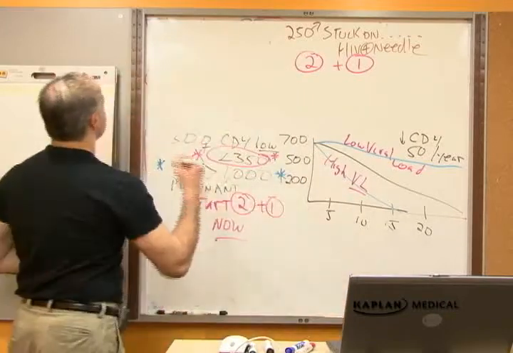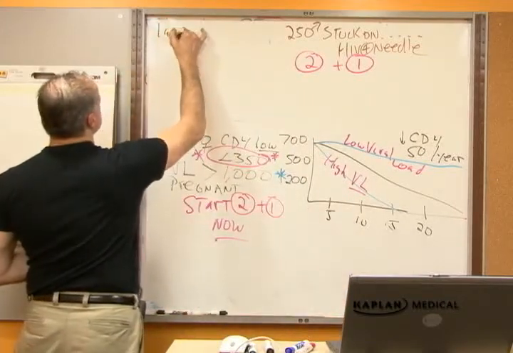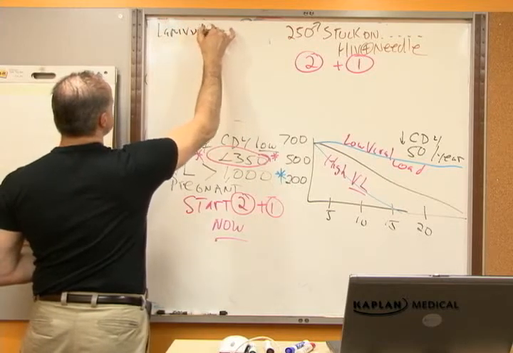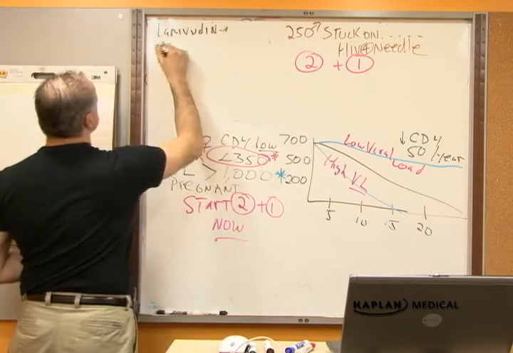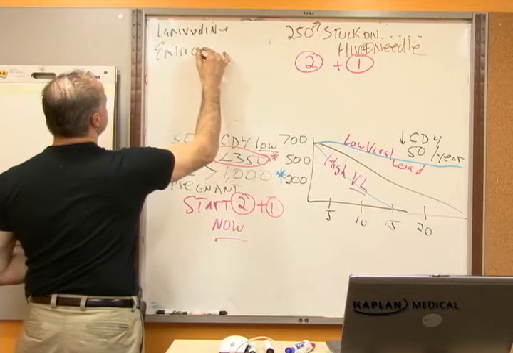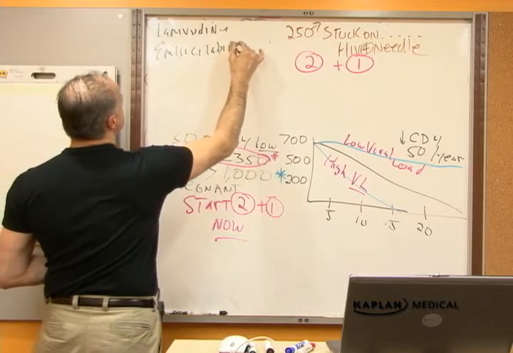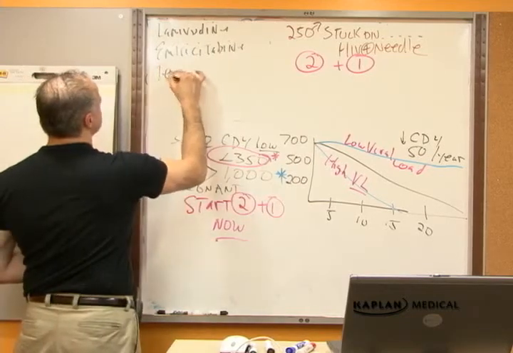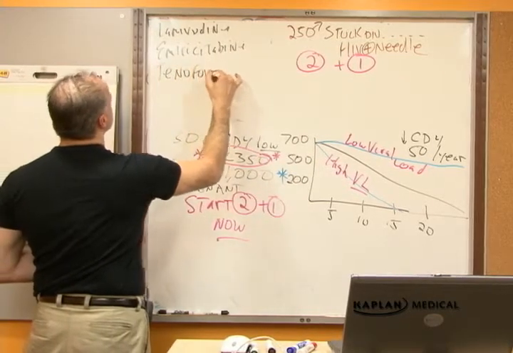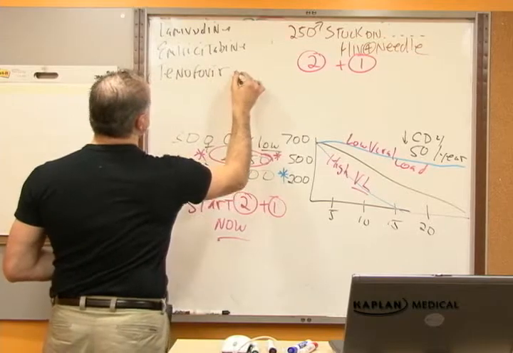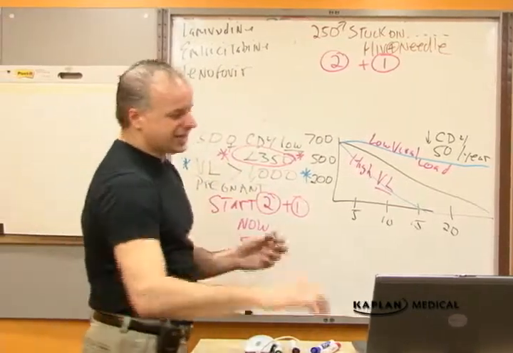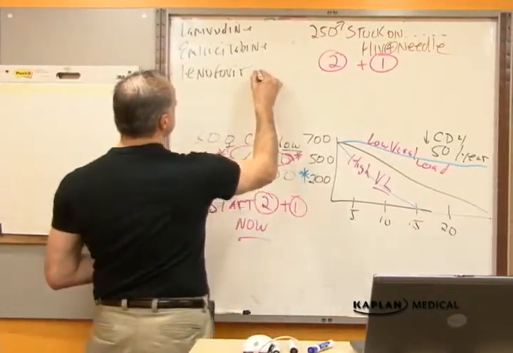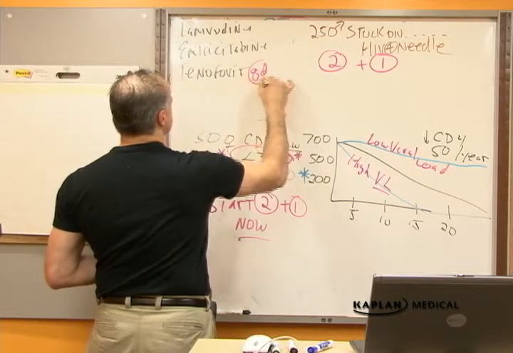So, whether or not the person is on lamivudine and AZT, or whether the person is on emtricitabine, the only difference between these is dosing. Whether or not the person is on AZT or tenofovir only has to do with the fact that tenofovir and emtricitabine, as nucleosides and nucleotides, is a once a day.